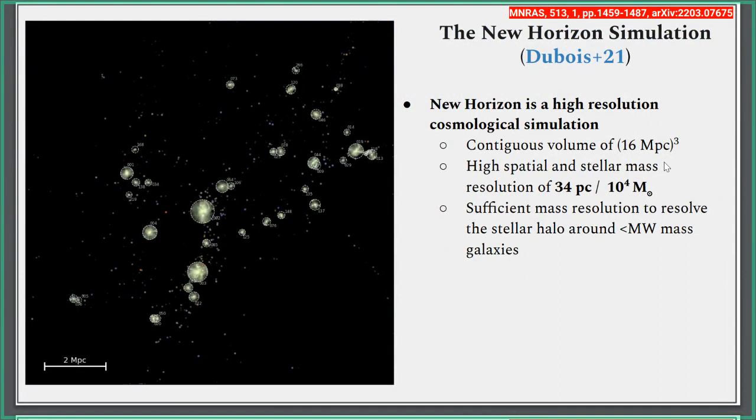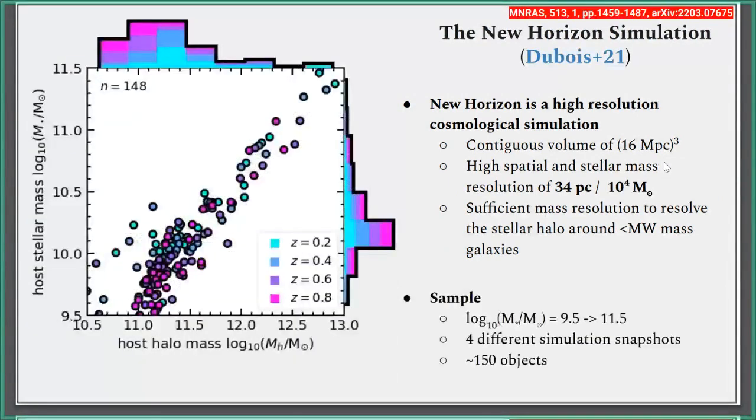So we can start to resolve Milky Way mass galaxies and below, basically out to their stellar halos. Here we have taken a sample of about 150 objects from the simulation, from intermediate to Milky Way masses.